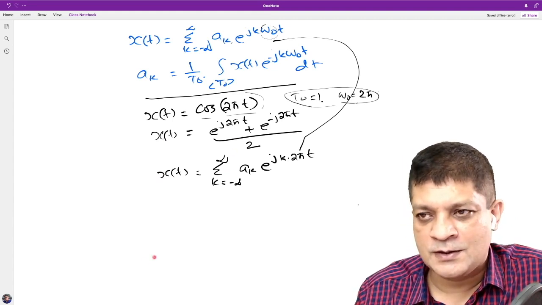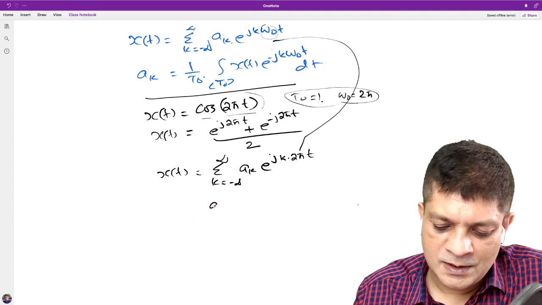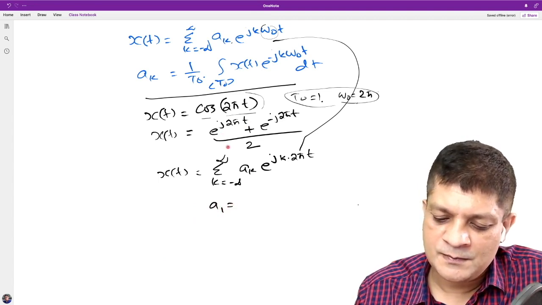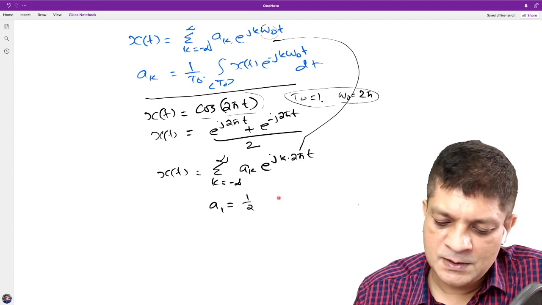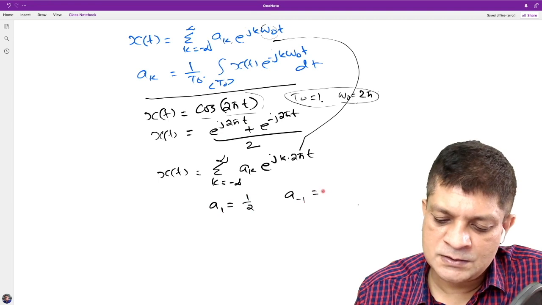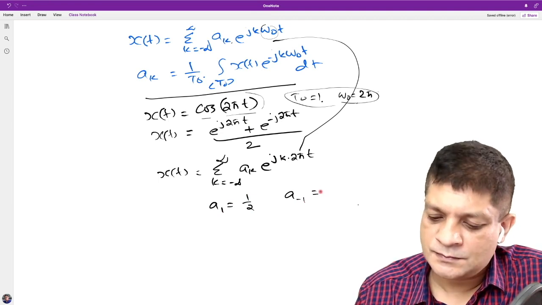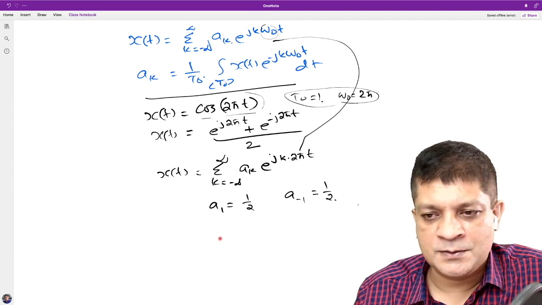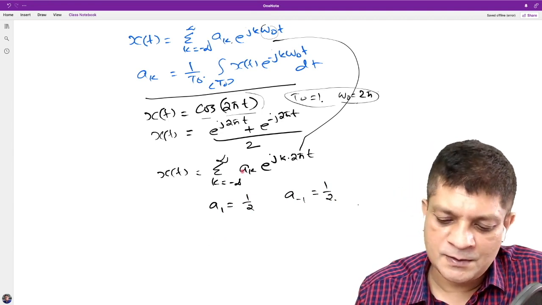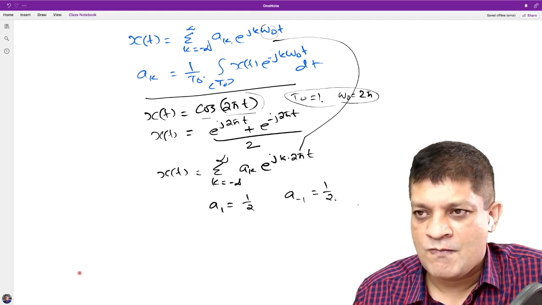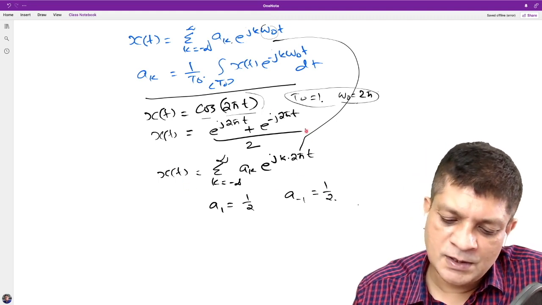If these two are equal, what is the value of a1? a1 is 1 by 2 and a minus 1 is half. Is there any other non-zero Fourier series coefficient for a_k in this particular case? No, sir. No, because these two are equal.